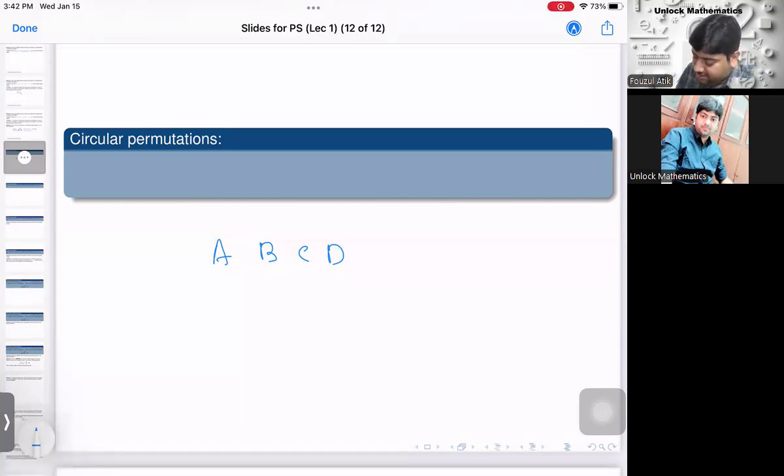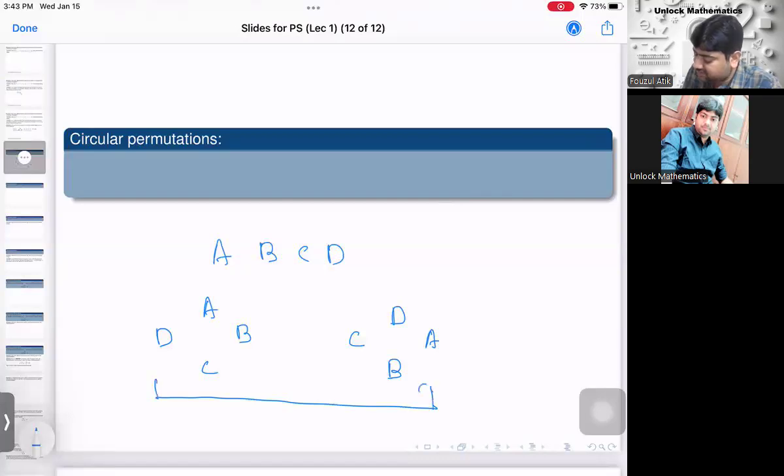In the case of a carom board, A, B, C, D, this is what you will place. This is one kind of arrangement. Whereas if I say D, A, B, C, is there any difference between these two?